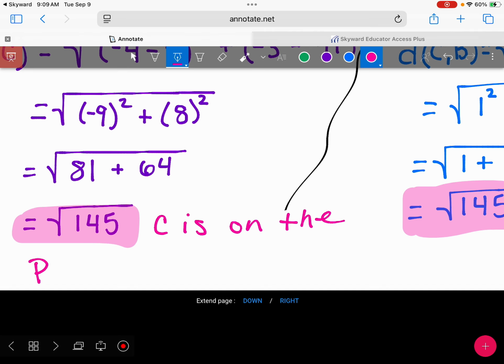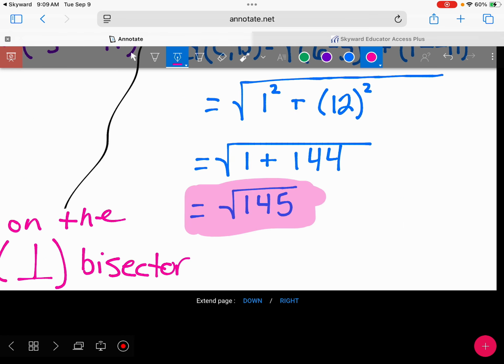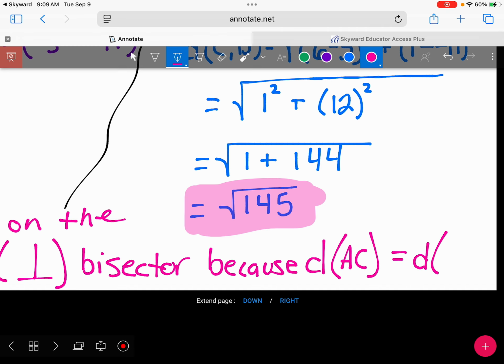If you don't want to have to write out perpendicular, the symbol for that is kind of an upside down capital T. It means perpendicular bisector. Because the distance from A to C equals the distance from B to C.